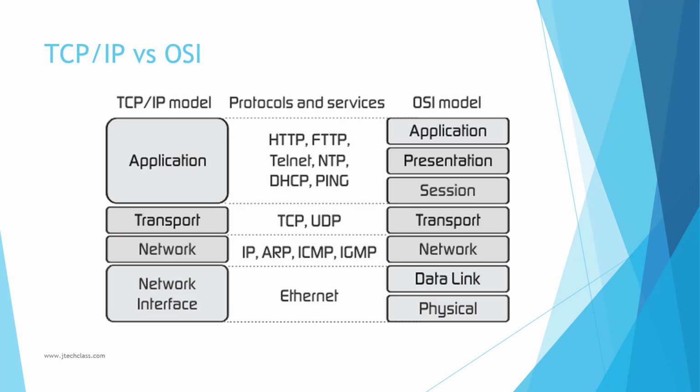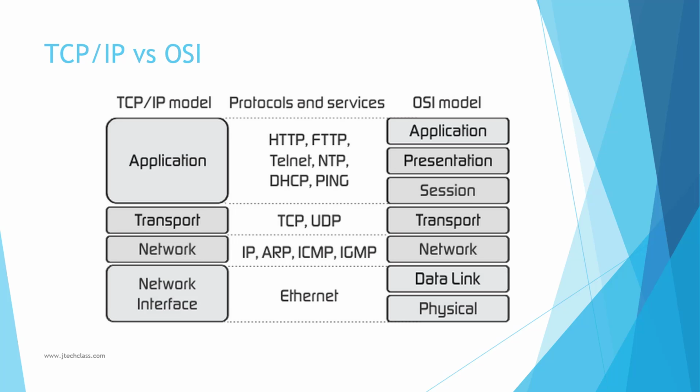If you remember from the previous video, we talked about the OSI model and how it is a reference for all other protocol suites. Here is a comparison of how the TCP/IP protocol suite encapsulates all 7 layers of the OSI into 4 layers of the TCP/IP. We have the application layer, which in the OSI model makes a reference to application, presentation, and session.